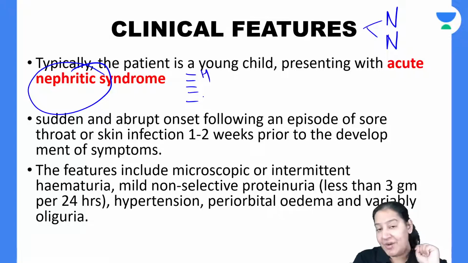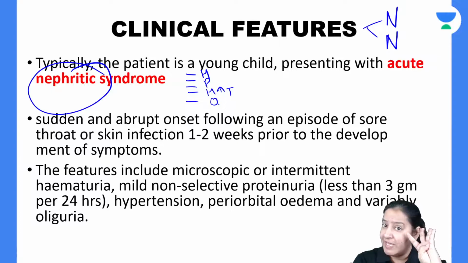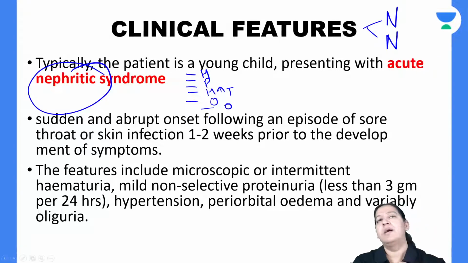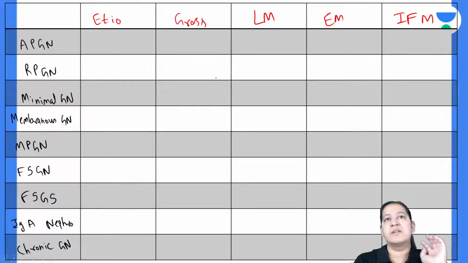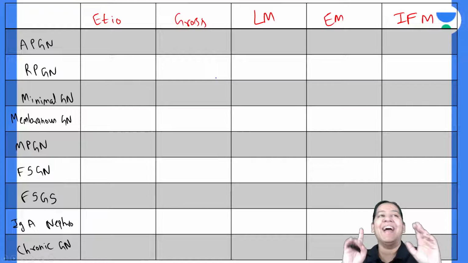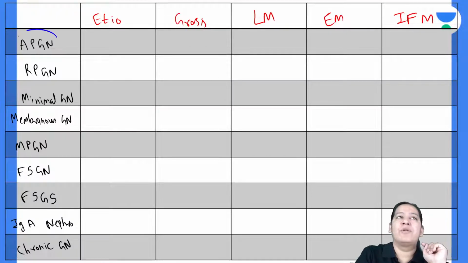Number 1 is hematuria, patient will have blood in urine. Number 2, proteinuria, patient will have protein in urine. Number 3, hypertension, patient will have increased blood pressure. Patient will have oliguria and patient will have edema. So you know the 5 features of nephritic syndrome. Patient is coming to you with all these 5 features and it occurs in adults. I am done with the first type of glomerulonephritis.